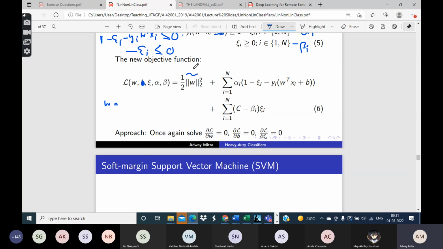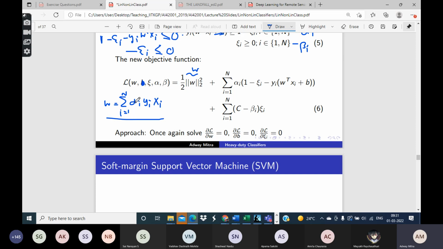So this part will become w, and this part will become the summation over i equal to 1 through n of alpha_i y_i x_i. This is just what we had earlier, so this expression will remain unchanged.